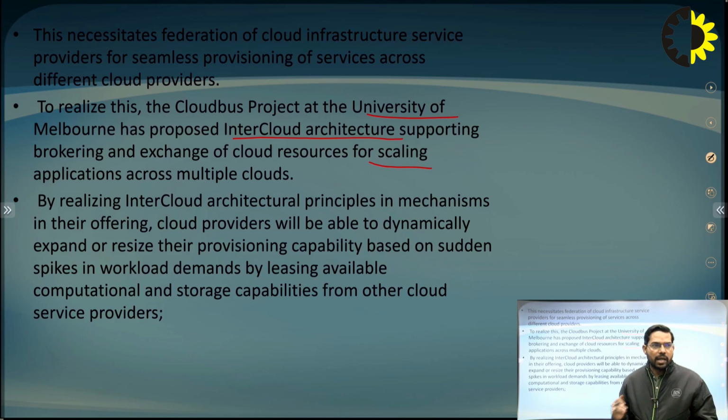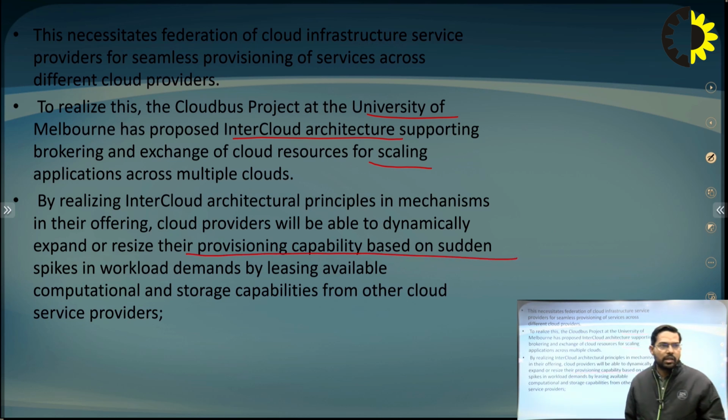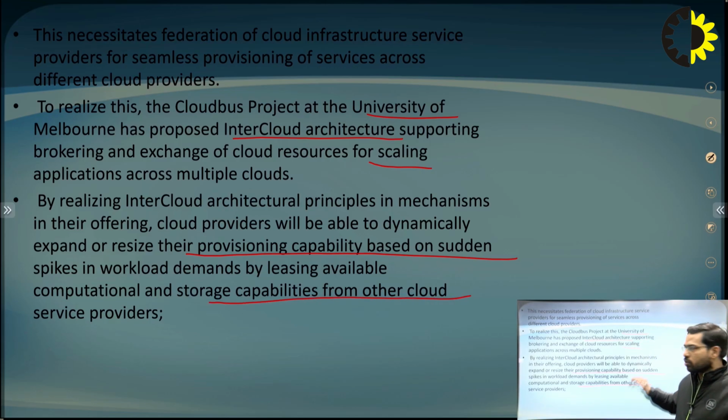By realizing inter-cloud architectural principles and mechanisms, cloud providers will be able to dynamically expand or resize their provisioning capability based on sudden spikes in workload demand, while leasing available computational and storage capabilities from other cloud service providers.